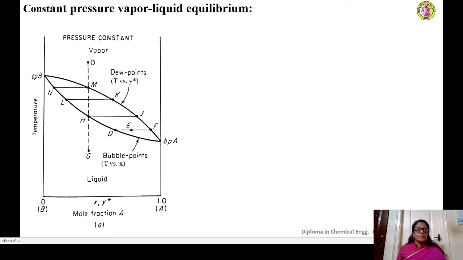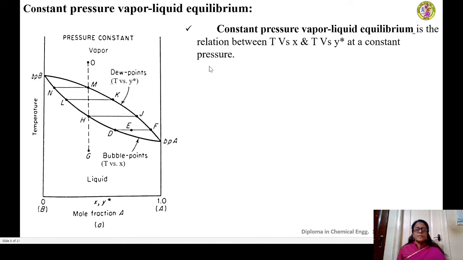First let us take up the constant pressure vapor liquid equilibrium. As I said before, it is the relationship between the temperature versus composition of liquid and vapor phases, as shown at a particular total constant pressure. This relationship is nothing but the plot of temperature versus x and temperature versus y star at a particular total constant pressure.